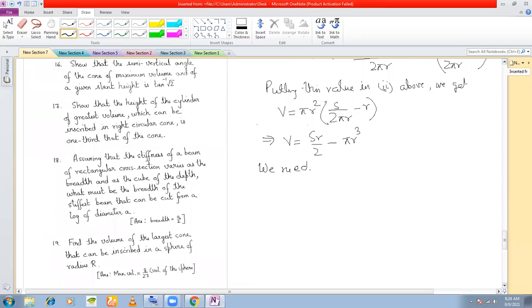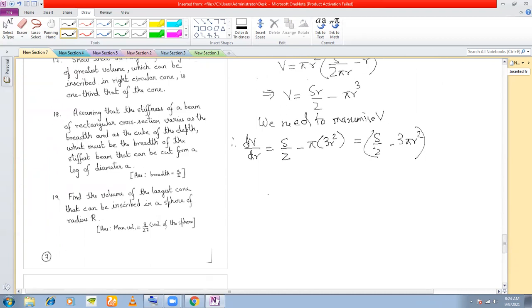We need to maximize V. Therefore, you first find out dV/dr. dV/dr you get as S by 2 minus pi into 3r square. This is your dV/dr, which is equal to S by 2 minus 3 pi r square.